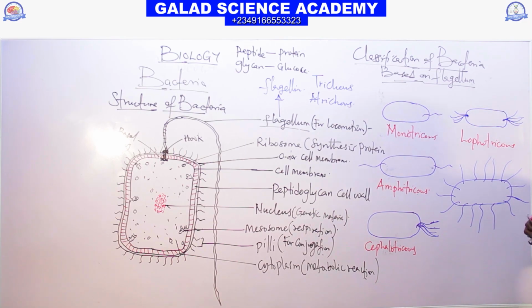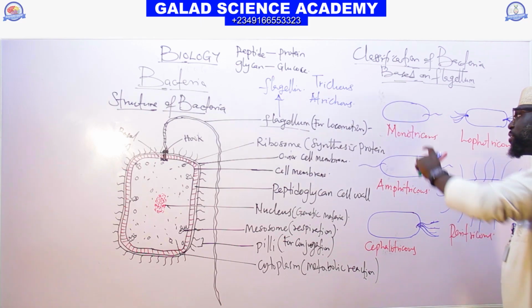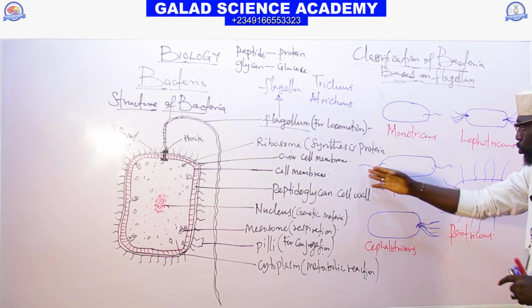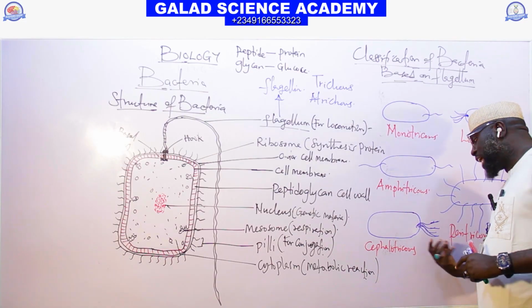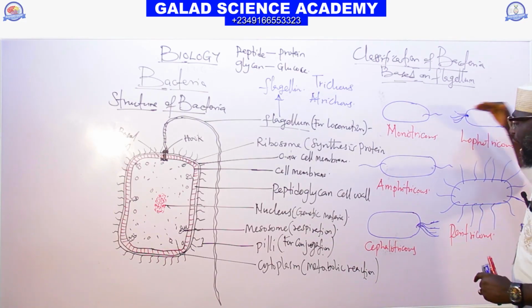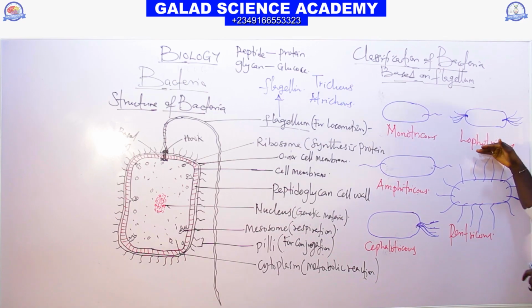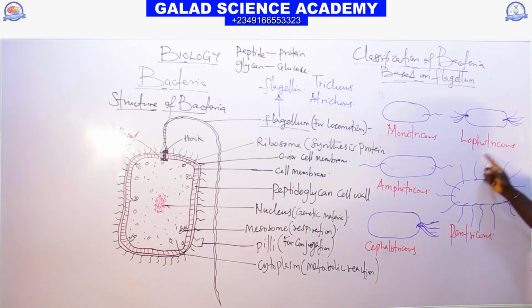A bacteria that is surrounded by flagella over the entire body, we call it peritrichous. So these are the trichous classifications of bacteria. One flagellum is monotrichous, two at two ends is amphitrichous, a cluster at one end is cephalotrichous, a cluster at the two opposite ends is lophotrichous, and all over the entire surface is peritrichous.